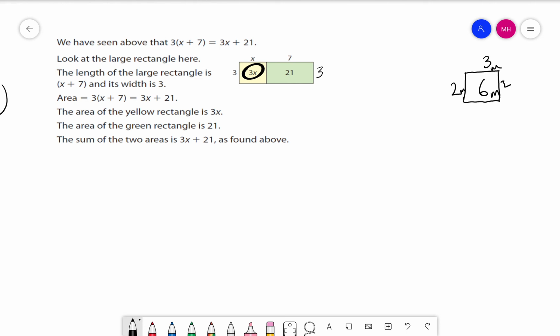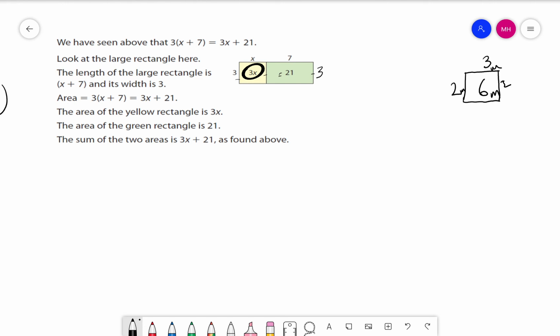Because you can see that they're the same length all the way across. So if this room here was 7 long and 3 wide, what would the area be? Well, 7 3s are 21. Do your multiplication there. 7 multiplied by 3 gives you 21. So we have seen that 3 into x plus 7 is 3x plus 21.